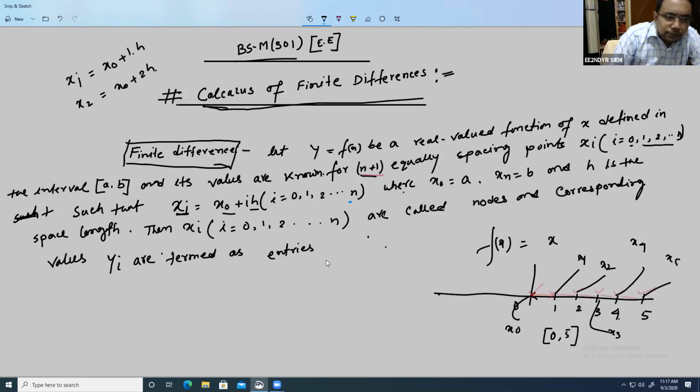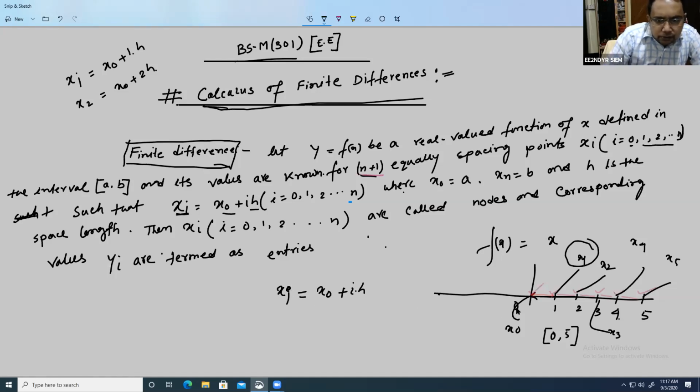So xi is equals to x0 plus ih. I can express x1 as x0 plus i into h.